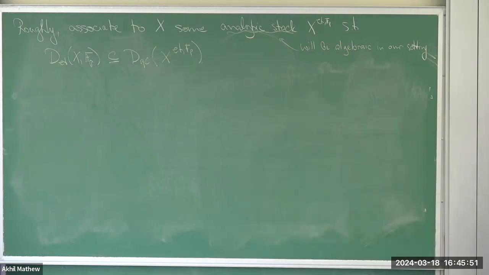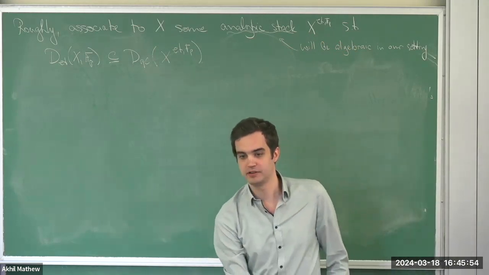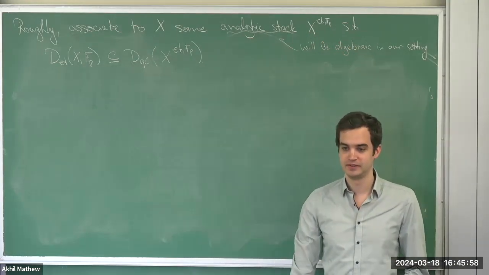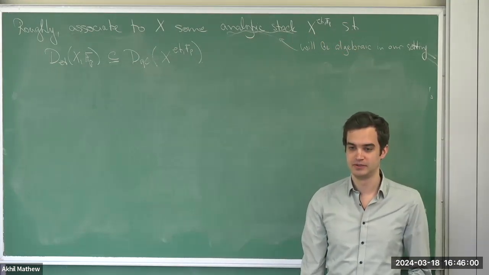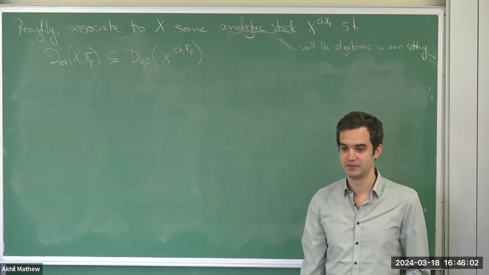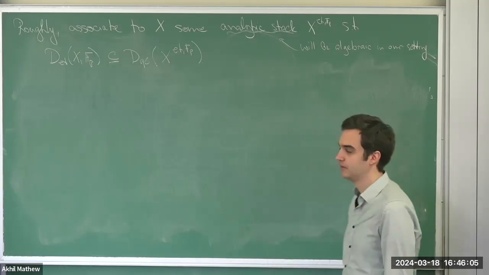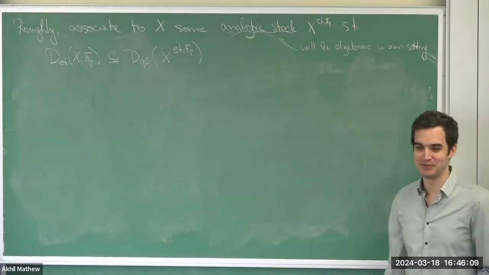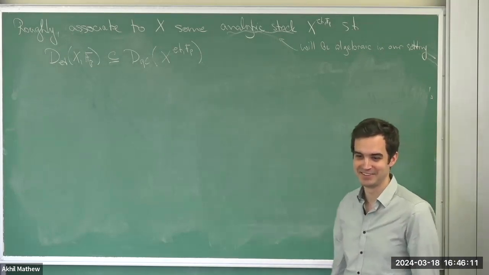I don't quite understand what stack means in this context, but is there a certain stack behind the usual six-functor formalism in Clausen-Scholze? No, not yet. Not yet. But Peter is very pleased. So I understand.